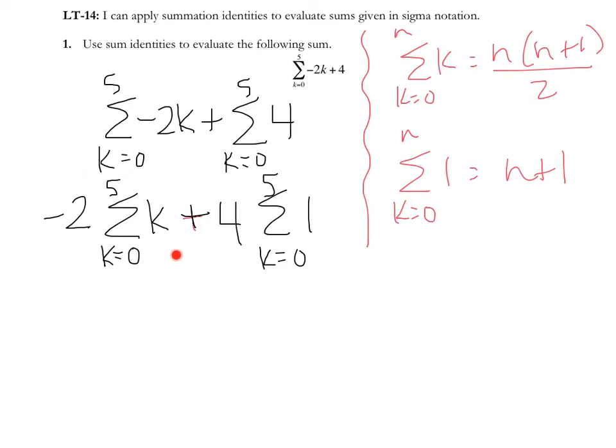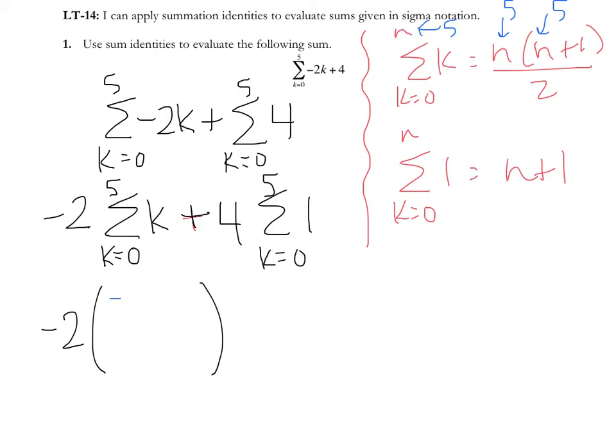Let's first look at the negative 2 times the sum of k part. So my negative 2 is going to stay on the outside. On the inside, I'm going to use this formula here to rewrite this part. Notice how this looks exactly like this, except this has an n on the top and this has a 5 on the top. So that means that our n value in this case is just 5, and I'm going to plug that in everywhere I have an n in my formula.